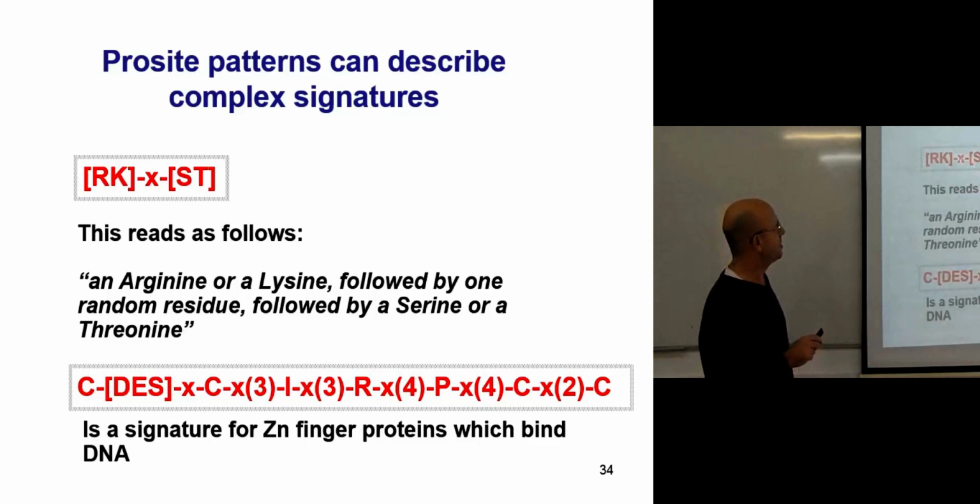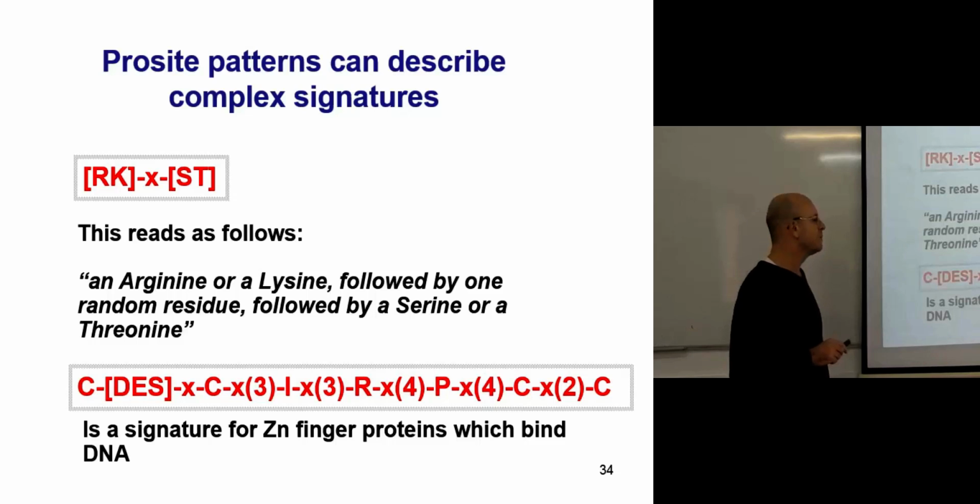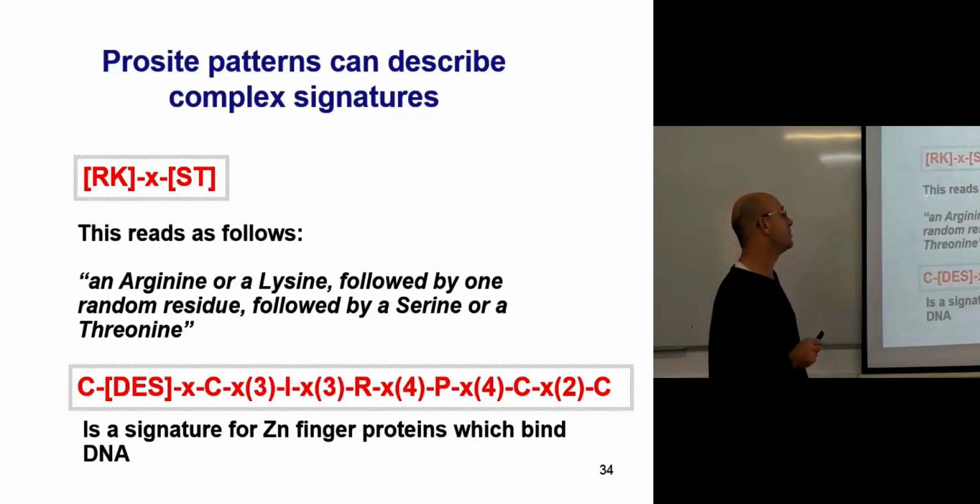Then we have X, and X stands for any amino acid. So we don't have any conservation in this position. And then we have another amino acid which could be either serine or threonine. So what's the length of this pattern? 3, only 3. It looks larger, but this is only 3 actually.